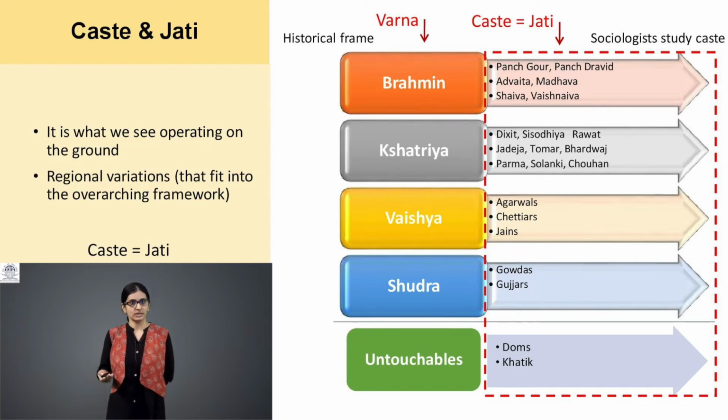Brahmins can also be divided into jatis or castes based on the philosophy that they follow, like the Advaita Brahmins, Advaita meaning Vedanta, or the Dvaita Brahmins, Dvaita meaning dual. Based on theology, we can have the Shaiva, followers of Shiva, or we have the Vaishnav, that is followers of Vishnu Brahmins.